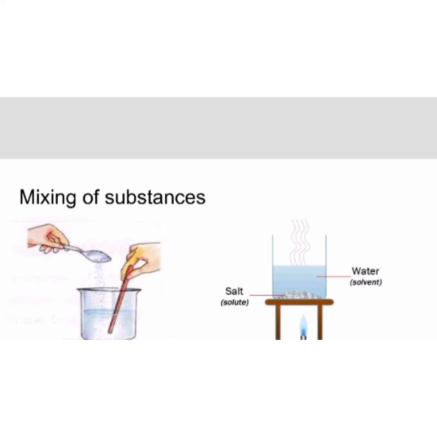When we mix salt in water, it dissolves in water and makes a salt solution. You already know that, right? When we heat that salt water, the water evaporates and the salt will settle down. We can separate the salt from that water.